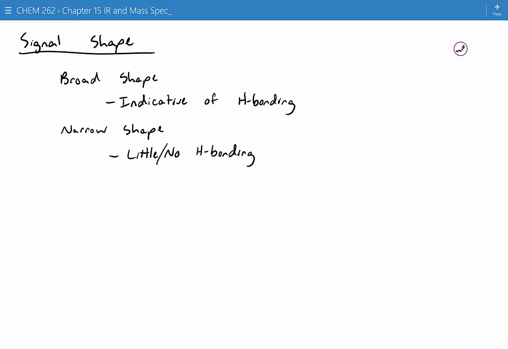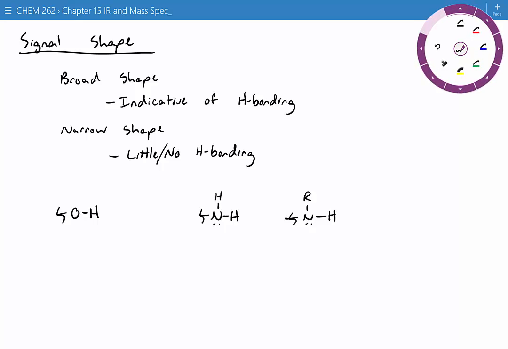The two to really watch out for are alcohols and amines, right? And I'm going to break amines into two categories. We can have our primary amines, and we can have our secondary amines where one of those hydrogens is replaced by some other group, right? These are very broad.